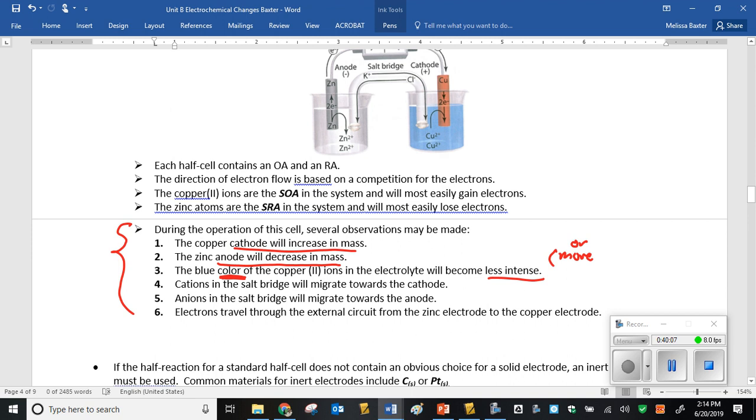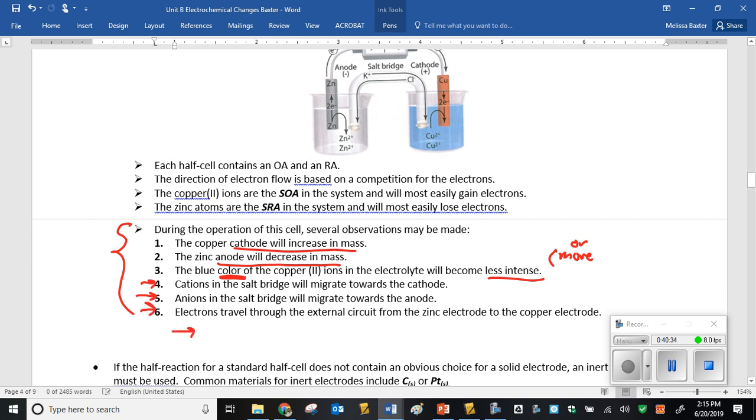So whether the color gets less or more intense depends on the actual electrochemical cell that you're looking at. If the zinc had a color, its color would get more intense because it's getting oxidized and I'm making more of those zinc ions. Other things are the movement of the ions in the salt bridge, which we mentioned before, and the movement of the electrons.